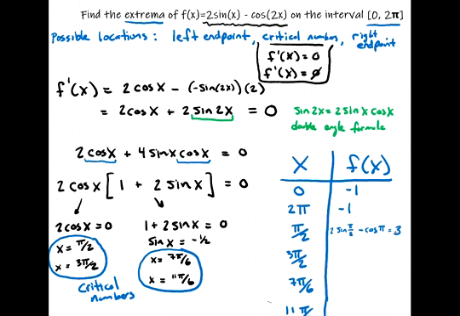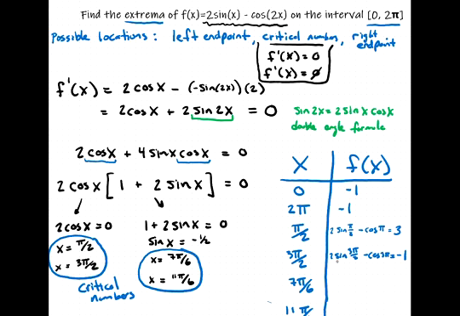3. And if we plug in 3 pi over 2, then it's 2 times the sine of 3 pi over 2 minus the cosine of 3 pi. Which would give us a negative 1.